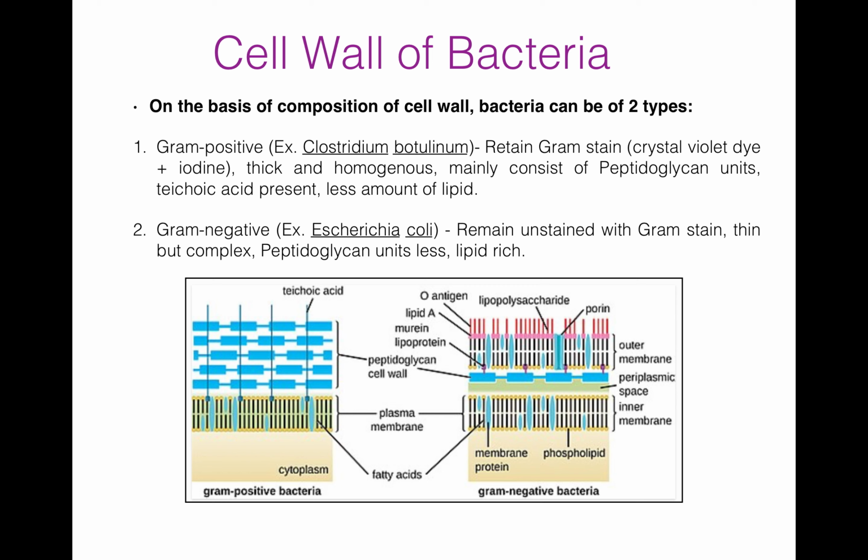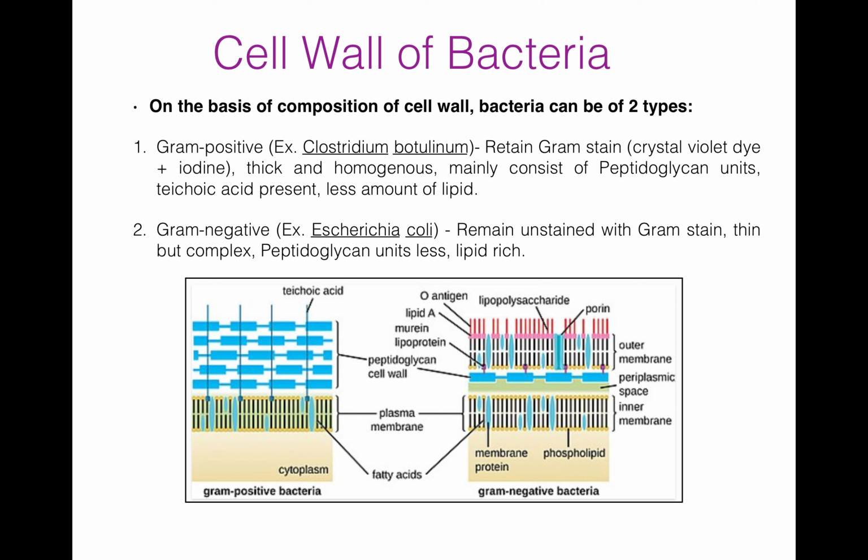On the basis of the composition of the cell wall, bacteria have been divided into two main categories, gram-positive and gram-negative. This categorization is based on a staining reaction called Gram staining, which was developed by Christian Gram in 1884.